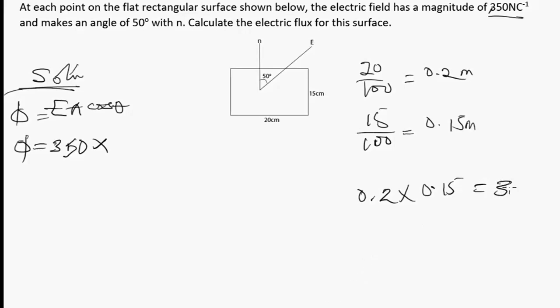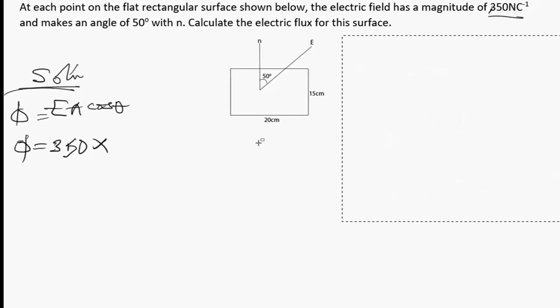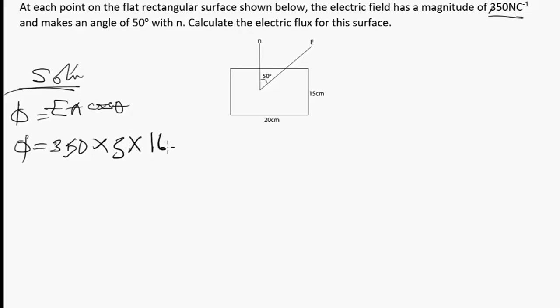So in order to get the area, I'll have 0.2 meters times 0.15 meters, which is 3 times 10 raised to the power of minus 2, or simply 0.03. So I'll go ahead and wipe off this part. Now I know that the area is 3 times 10 to the power of minus 2.